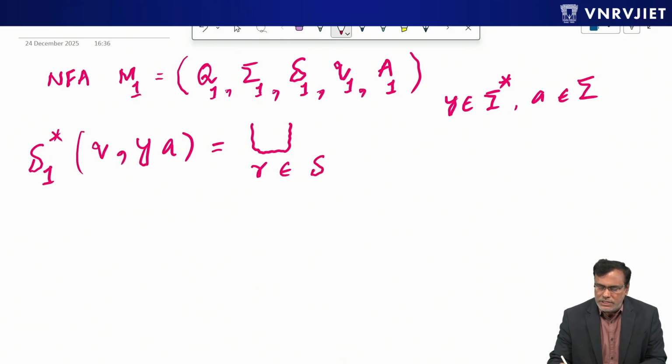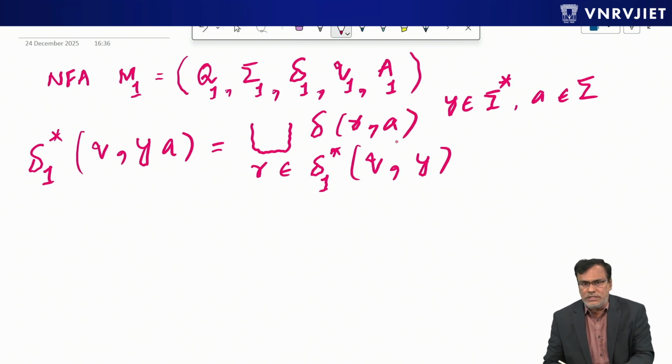Here the transition function is not delta, it is delta 1. This is the transition function of this NFA.